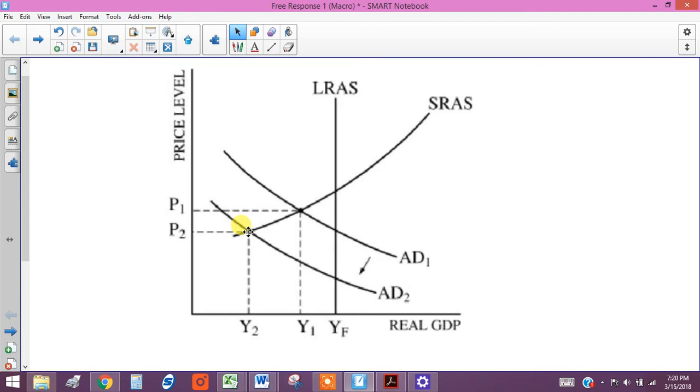So this lower output from Y1 to Y2 is going to cause the unemployment rate to rise, and the number of employed to drop.